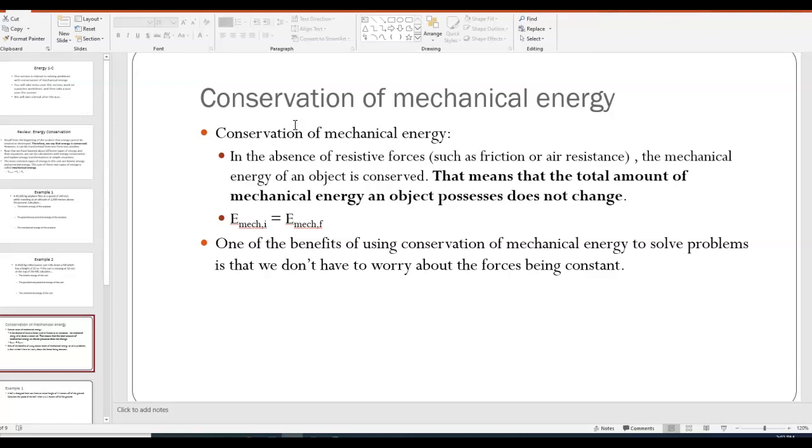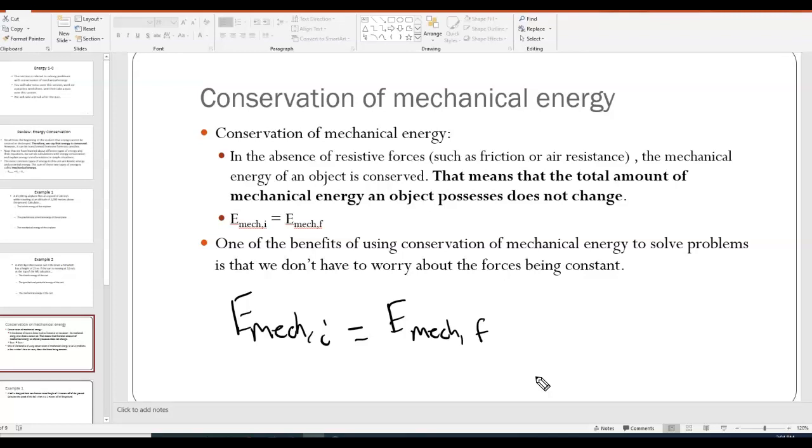Now, the way we solve problems with conservation laws in physics is basically we say that you have an initial value and a final value, and those two are equal to each other. Because if your initial and your final are the same, that basically means that you didn't change at all. So this is how we write the conservation of mechanical energy. We say E mech I, the starting mechanical energy, is equal to E mech F, the final mechanical energy.